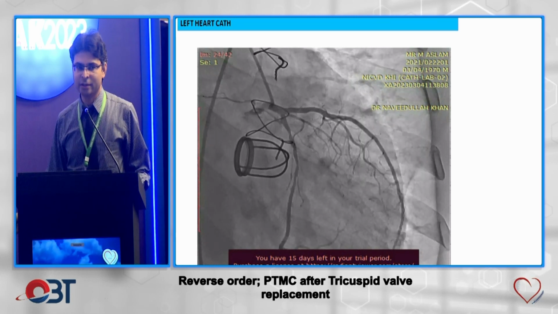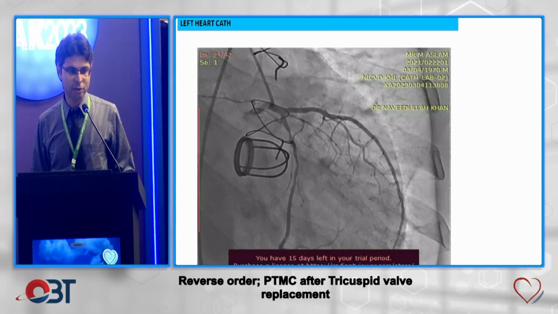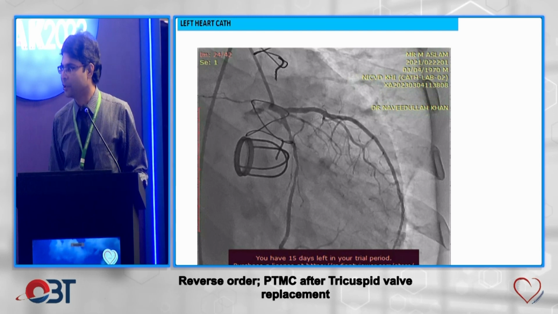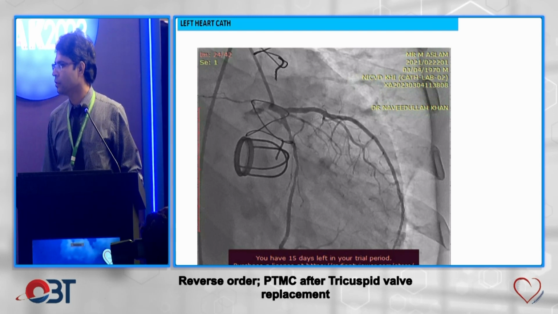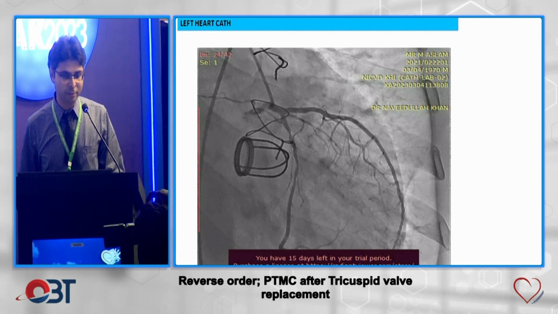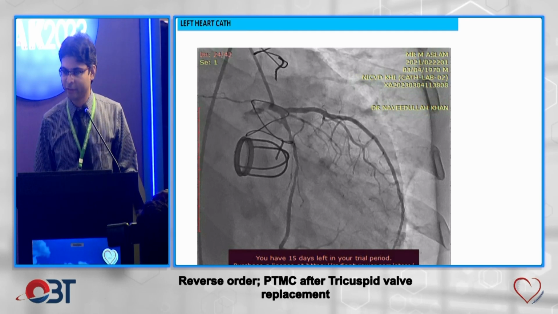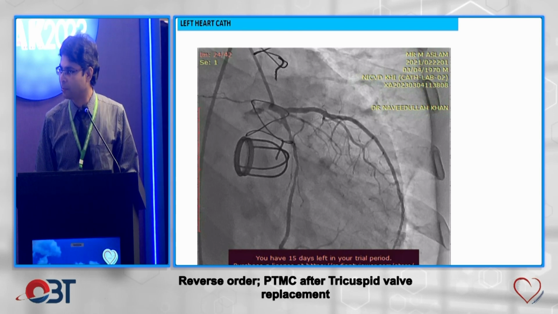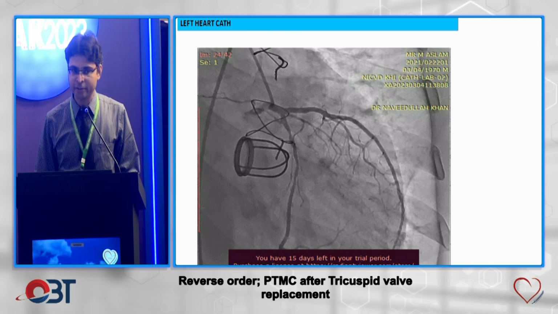So what are the other options to treat that patient? Anyone from the audience? We already had a mechanical tricuspid valve at the tricuspid position that was normally functioning, and the patient's INR was also in therapeutic range.